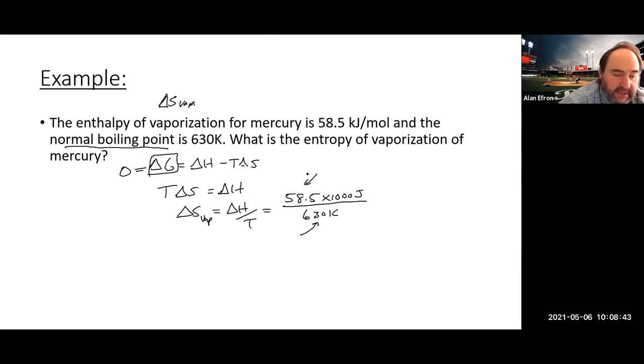Again, this is the enthalpy delta H of vaporization.